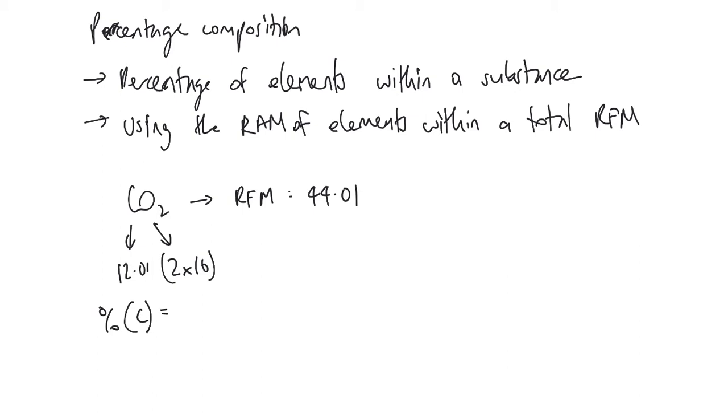It would be the relative atomic mass of the carbons within that, so just that one carbon for this example, over the total RFM, times 100 to make it a percentage. Okay, which is what? 27.3%.